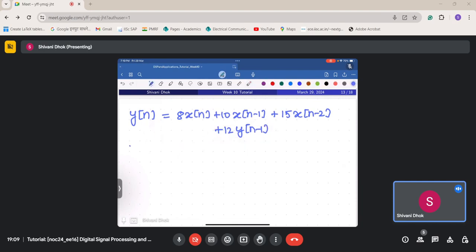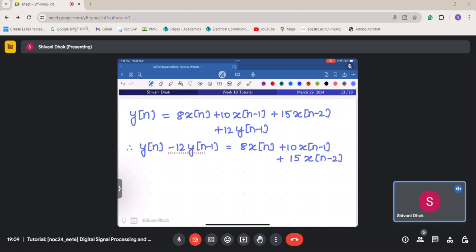Therefore we have y of n minus 12 times y of n minus 1, which is equal to 8 times x of n plus 10 times x of n minus 1 plus 15 times x of n minus 2.